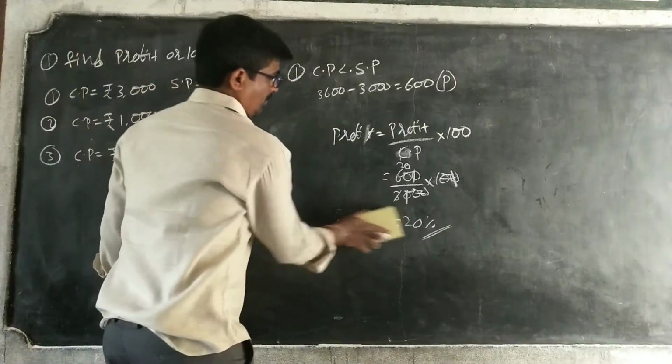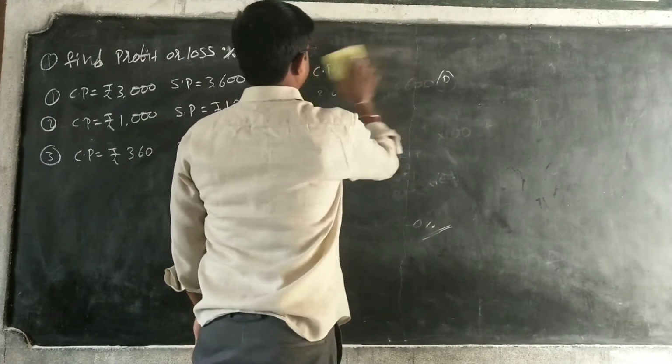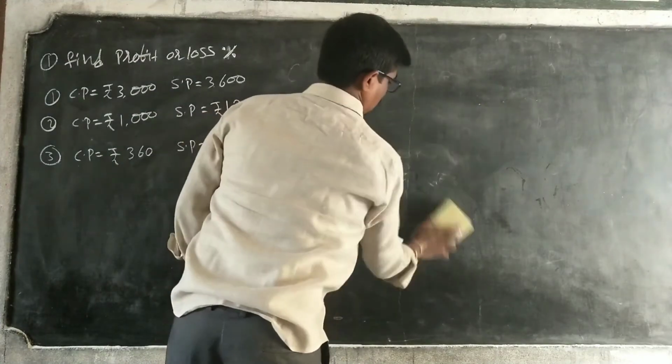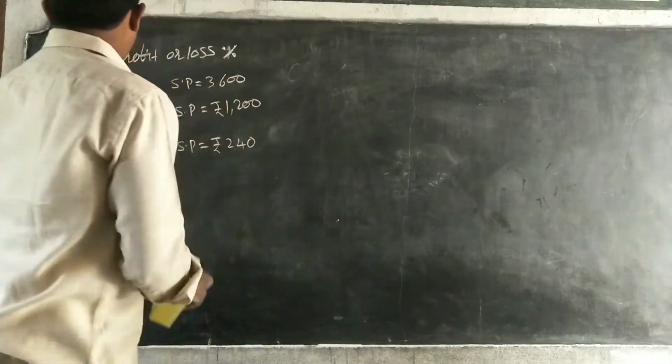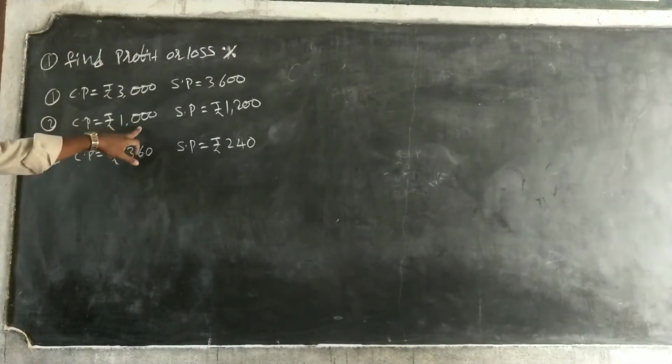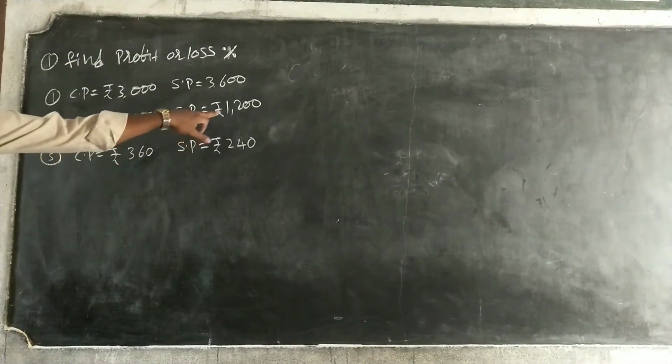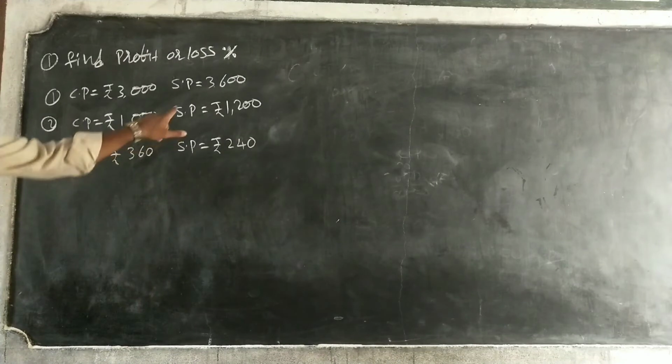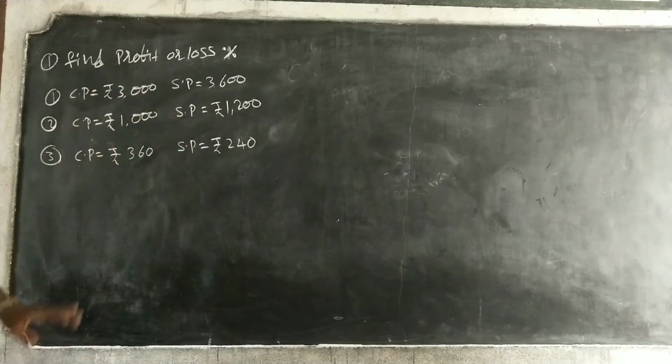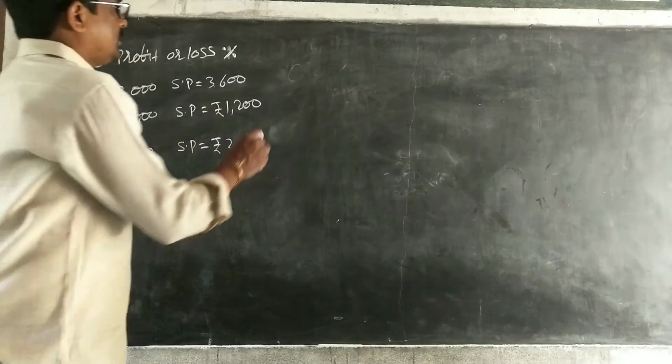Next, second problem. Cost price is rupees 1000, selling price is 1200. So selling price is more than cost price, automatically got profit.